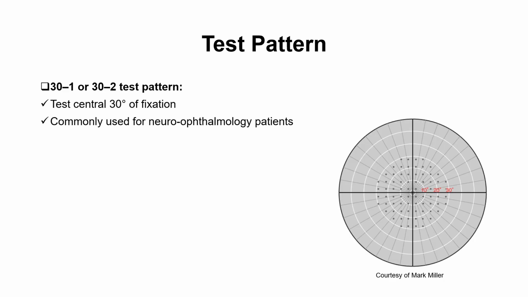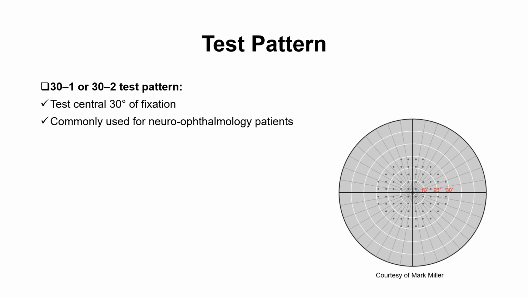Coming to the test patterns, we have three main patterns in visual field. The first one is the 30-1 or 30-2 test pattern, and we'll explain why it's called -1 or -2 in a few minutes in the following slides. However, for the first number, 30, because it's testing the central 30 degrees of the fixation point.